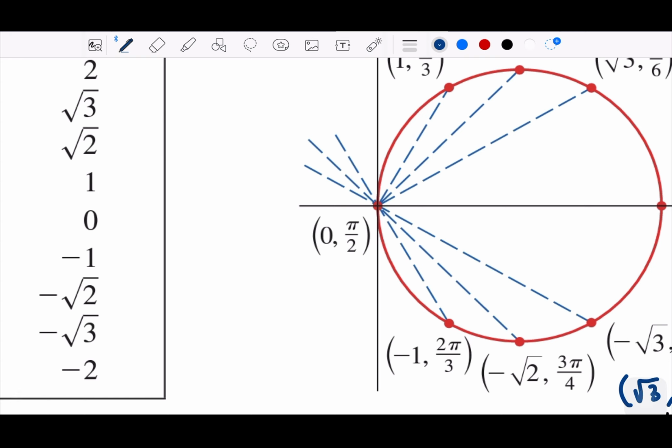Where is 2 pi over 3? It's somewhere in between pi over 2 and pi, right? So it's supposed to be here, but it's negative. That's why it's going to be here. Okay, I hope everyone gets the idea. We haven't yet gone to the calculus part.